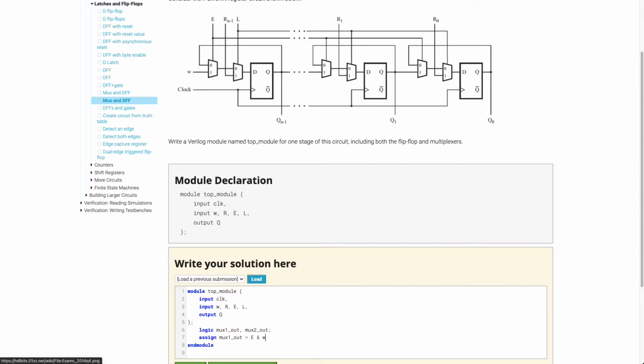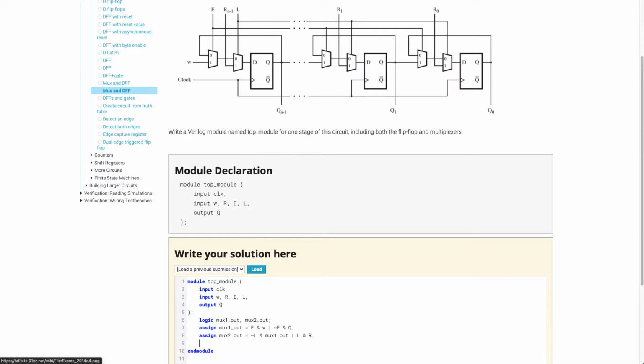E and W, or not E and Q. So L is 0, chooses mux 1 out, otherwise it chooses R. Okay. And then this always positive clock is gonna just be this mux 2 out.